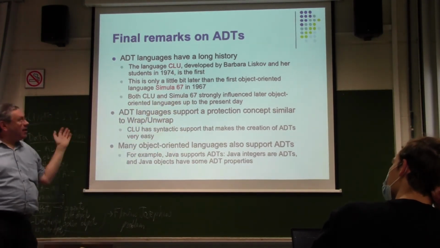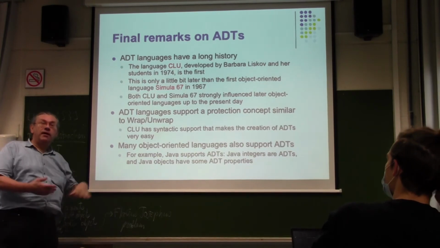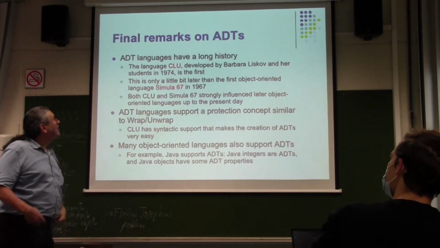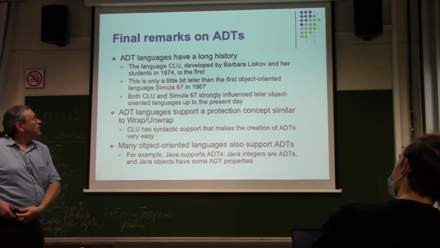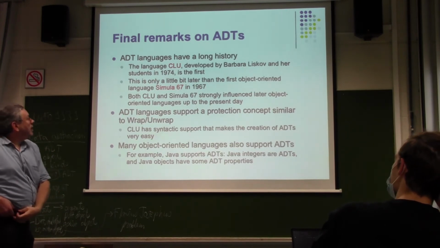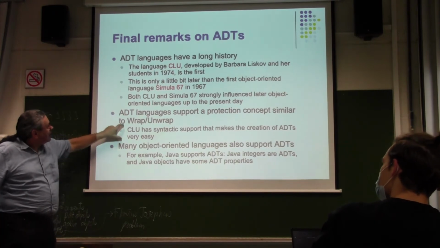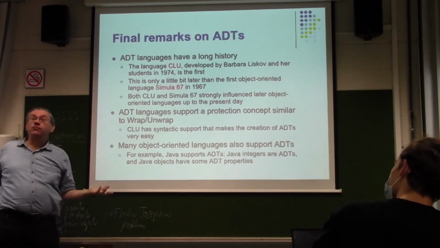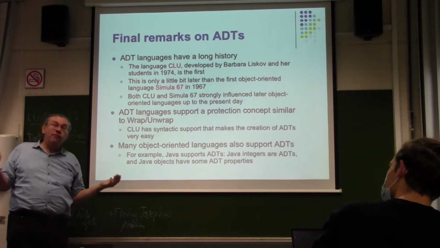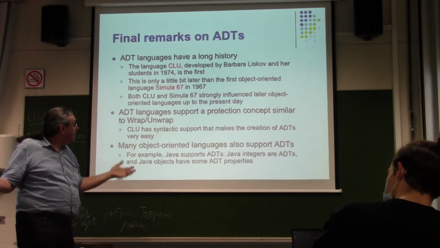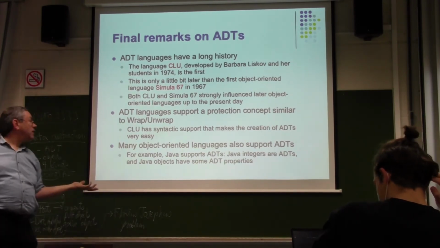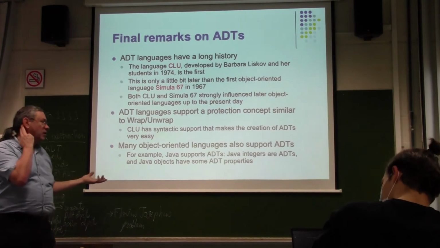And then later on came Smalltalk and C++ and Java. But these languages were the first, okay? CLU and Simula. So this CLU language let you build new abstract data types. The same way Java lets you define classes, in CLU you can define new abstract data types, okay?